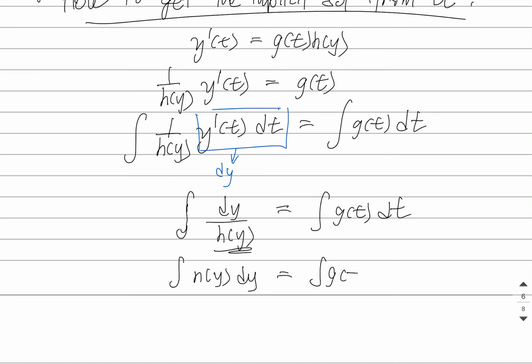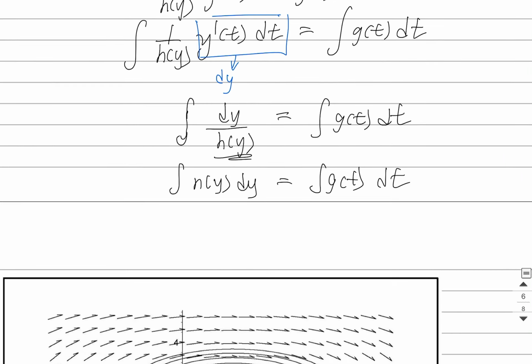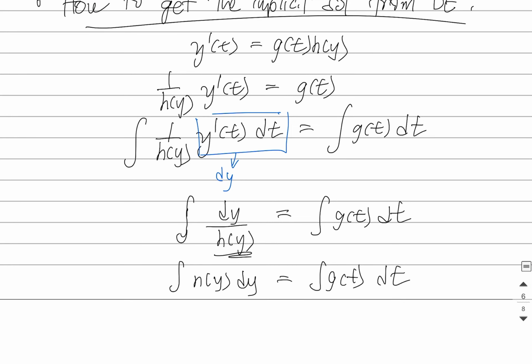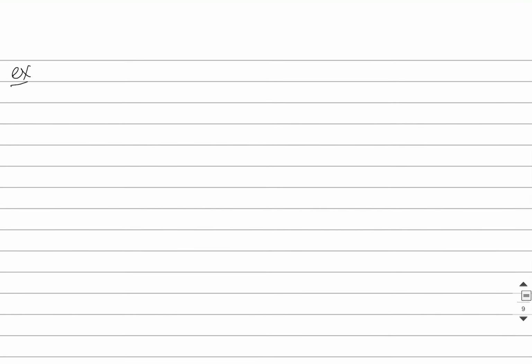And this is a very mechanical way for us to get the solution that we're after. We'll end up getting N of y equals G of t plus a constant. The constant is very important. If we don't include that constant, we are going to forget an important term.